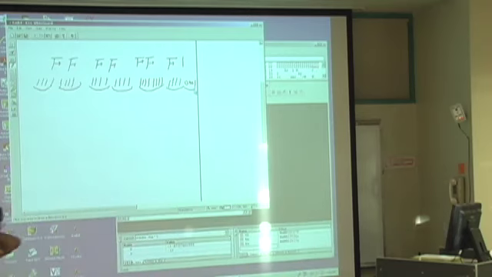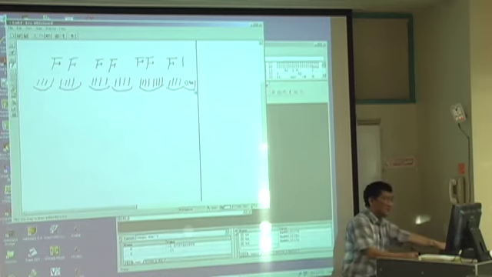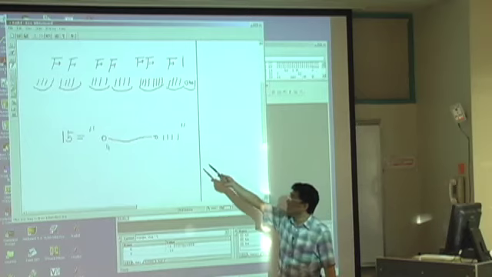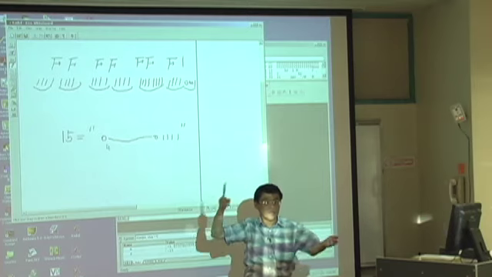Then let's really check what happens to our bits. Usually 15 in bit representation is 1, 1, 1, 1, and then all zeros. Do you follow me? This is 15 in bit representation. So we invert these things.